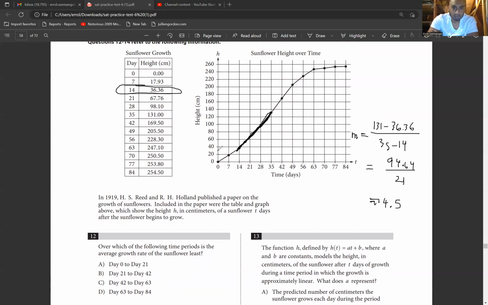No, that doesn't make sense. -27. Oh yeah, you're right. Exactly. If you were to extend this line perfectly down, my line's not that straight, but just get the general idea. That would be -27 right there. If we extend the same 4.5 slope, it'll extend down to -27 on the y-axis. Yep. Okay, good.